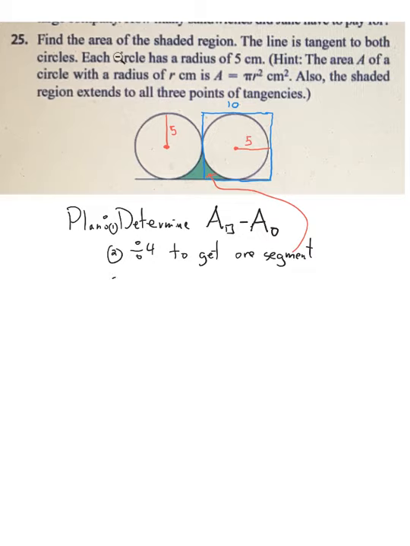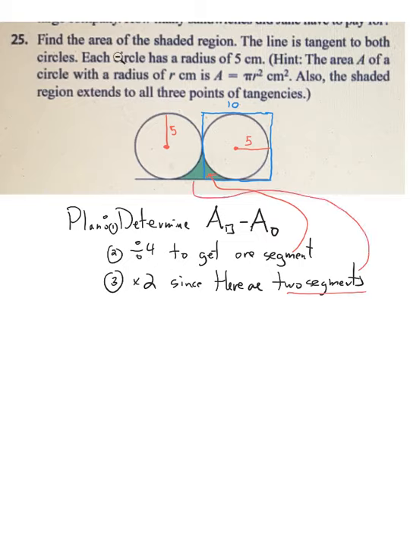And the third thing I'm going to do is multiply by 2, since there are 2 circles, or 2 segments. And here's your other segment. Since there are 2 circles, there's 2 segments we need to solve for in this problem. So that's my plan. Let's carry it out.